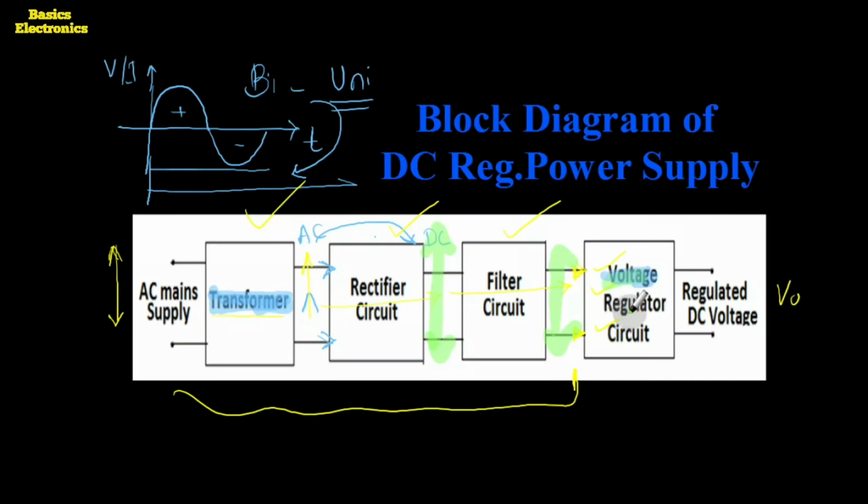This voltage regulator provides a stable constant output voltage even if there is a change in the AC main supply, or a change in the value of load current, or we can say the load resistance. So it provides the stable output voltage.